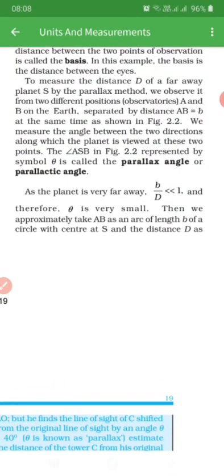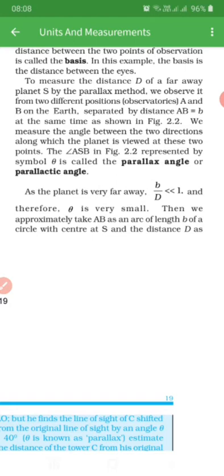So the planet is very far. So b by D is less than 1, because small b, the distance between the positions of the two observations, is very small compared to the distance between earth and the sun. So the ratio will be less than 1, and therefore theta is very small.